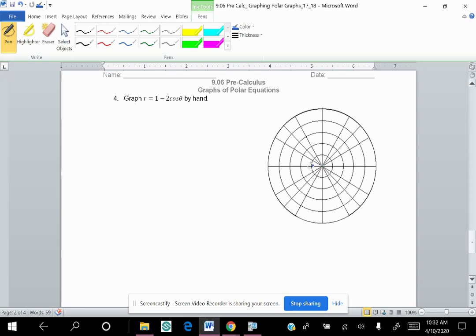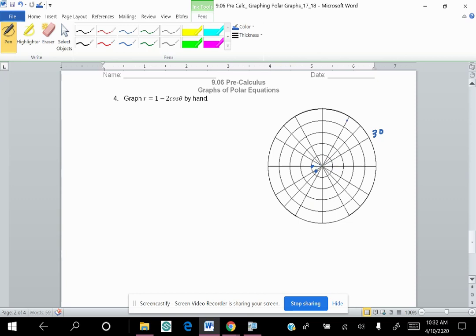Okay, so we have a point at 0, -1, and at 30, you should have had -0.7321. So instead of going, and you guys should have written out your table, obviously, I'm just trying to save some time here for you. So instead of going to positive 0.7321, we're going to go to negative.